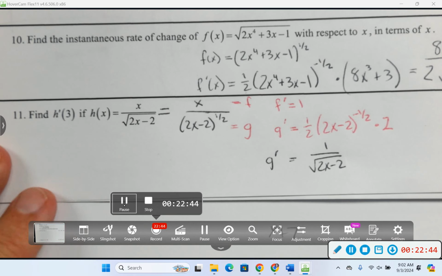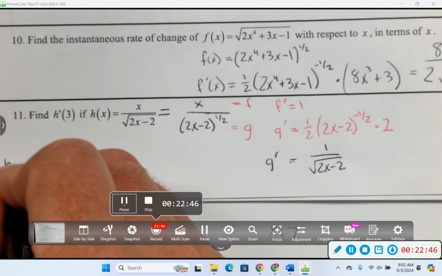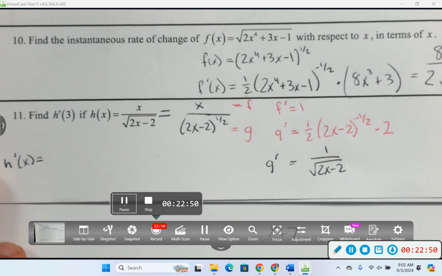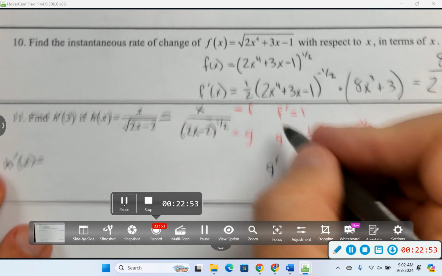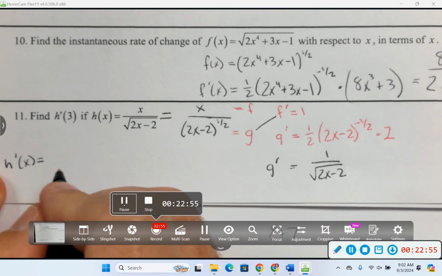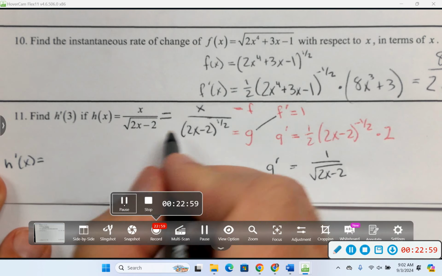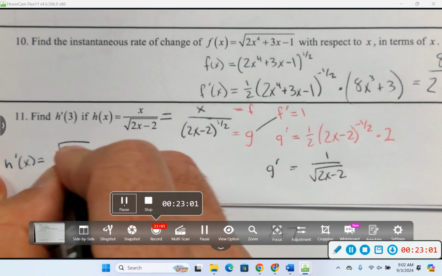Okay, now I'm ready to think back to the quotient rule. So gf prime minus fg prime. Gf prime, that would be this one. Do I want to write it as a square root or a 1/2? It doesn't really matter.